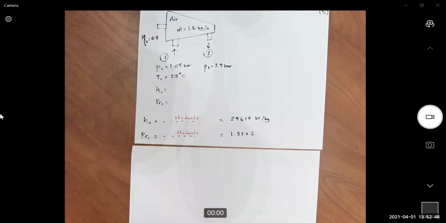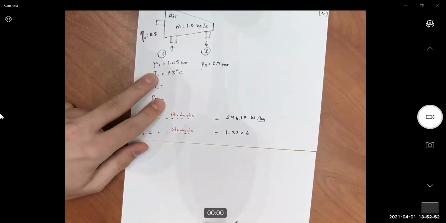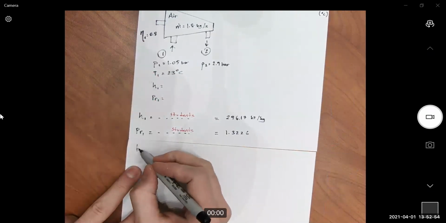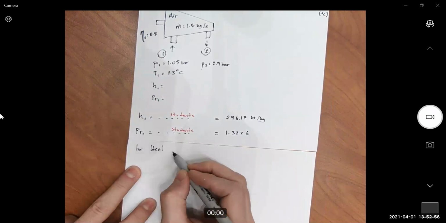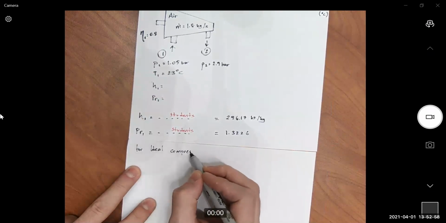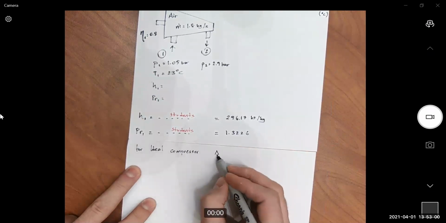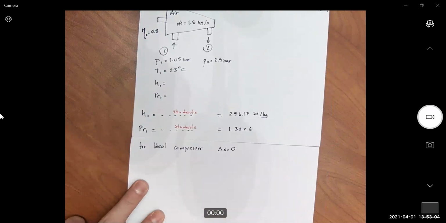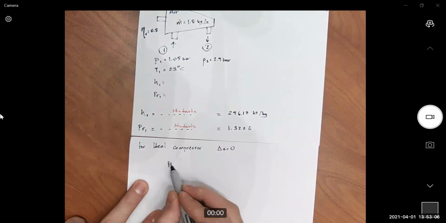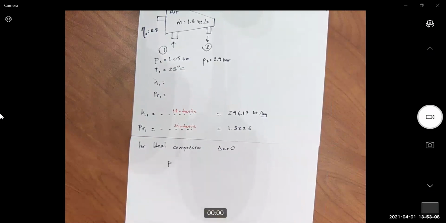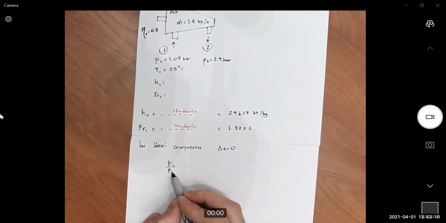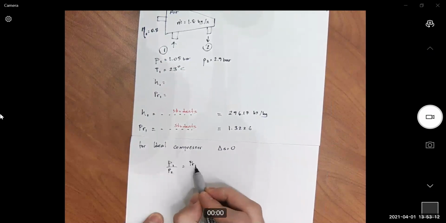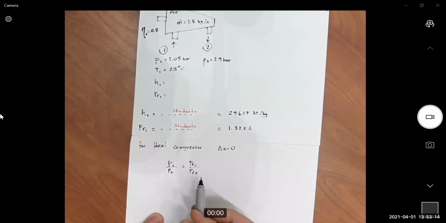Okay. If I assume the compressor is ideal, right? For an ideal compressor, delta S equals 0, correct? For delta S equals 0, P1 over P2 equals PR1 over PR2. I know my P1, P2, and PR1.